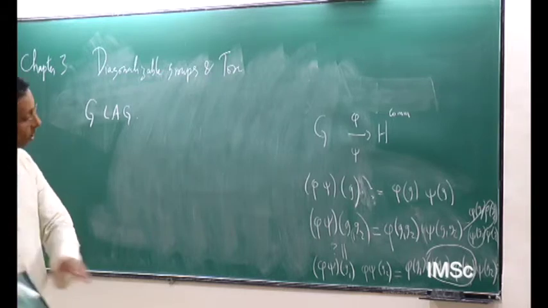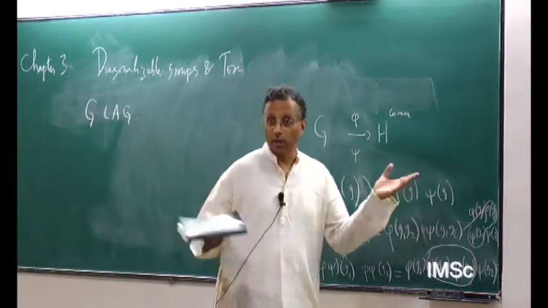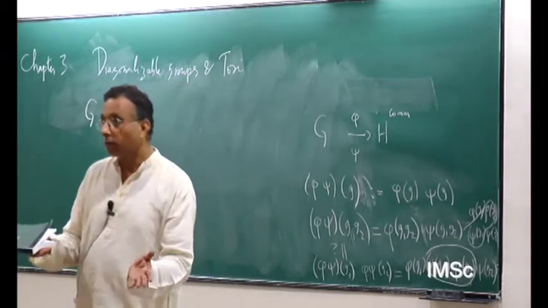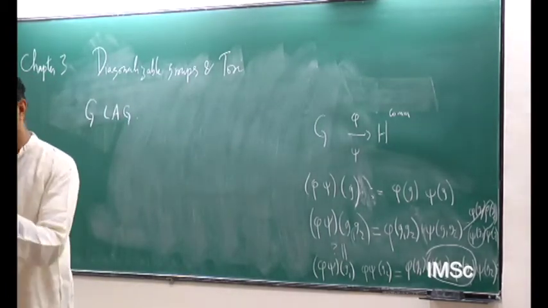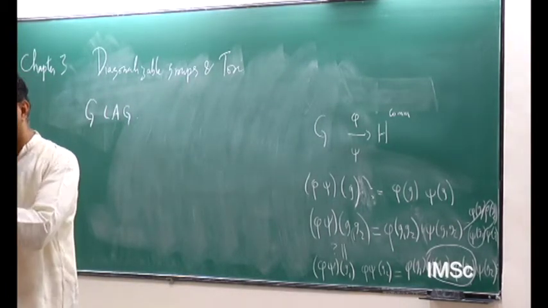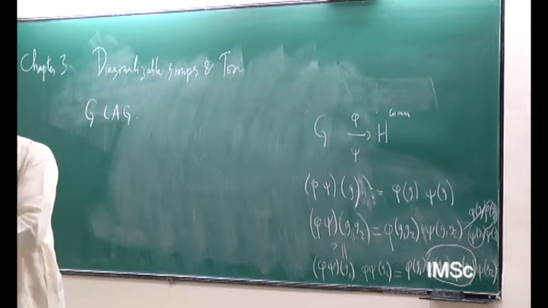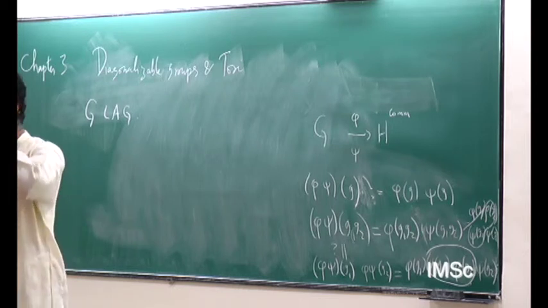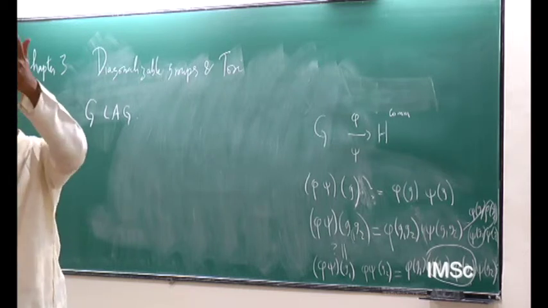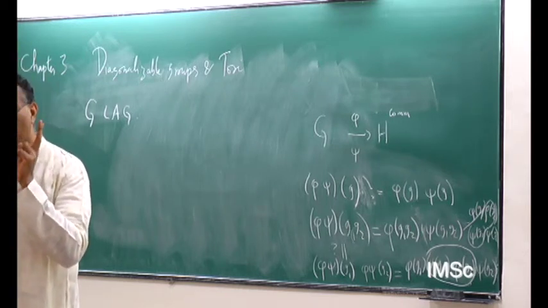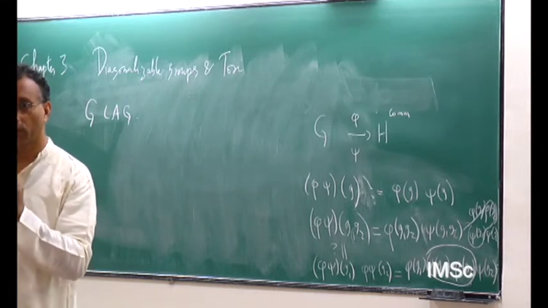I can define the product in general, for any group, without using any structure of H. But the point is, if H is commutative, the product is also a group homomorphism. It is not just any old set map from G to H, but a group homomorphism.